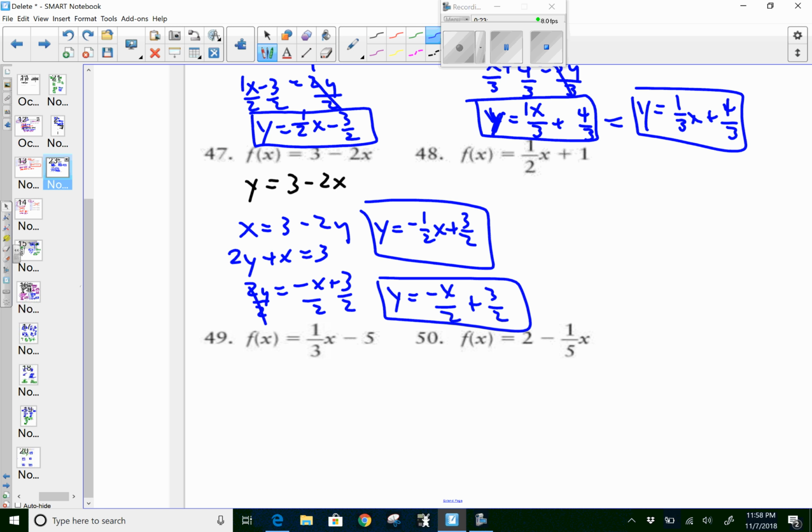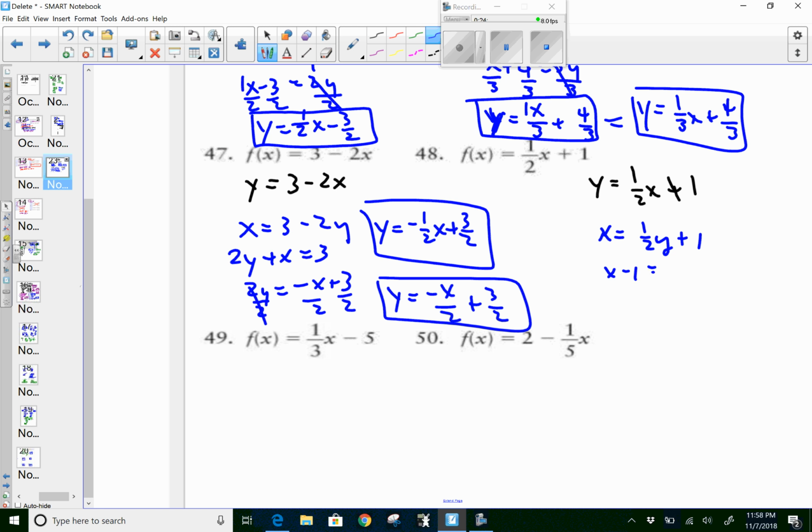Okay. So this one, we're doing good. So here we have f of x, which is y, is equal to 1 half x plus 1. So we're now going to do the switch. So we get x is equal to 1 half y plus 1. I get the y by itself, so subtract 1 from both sides.